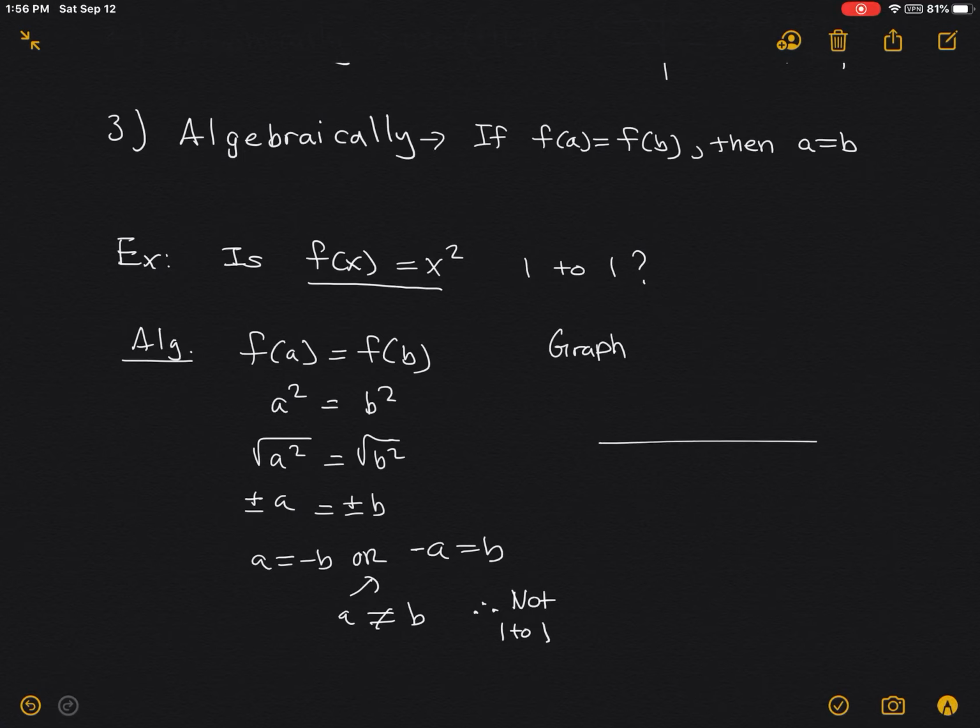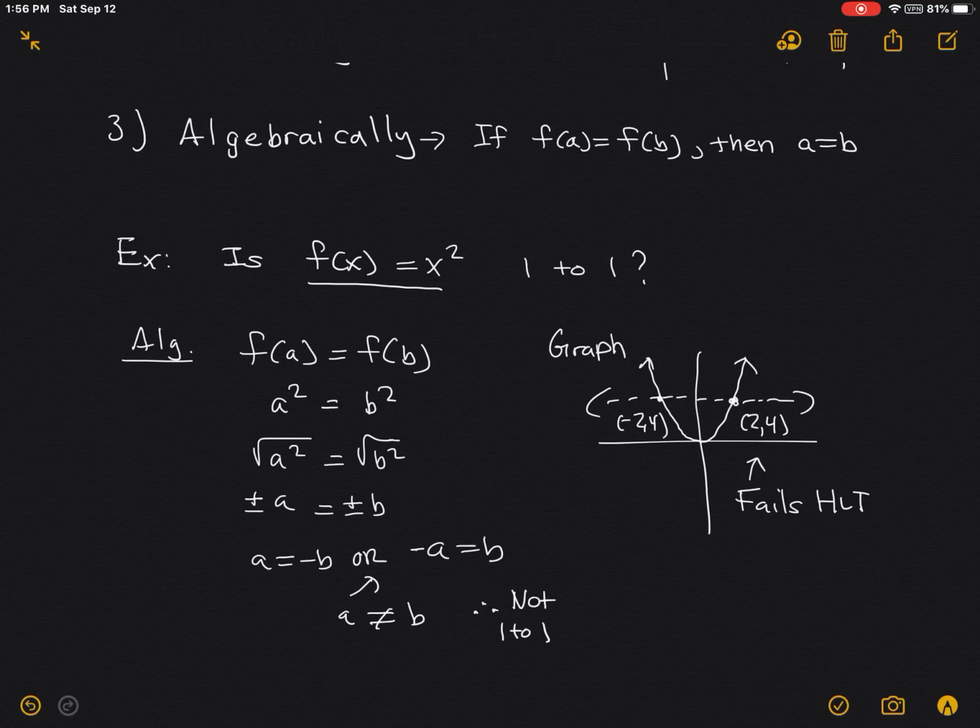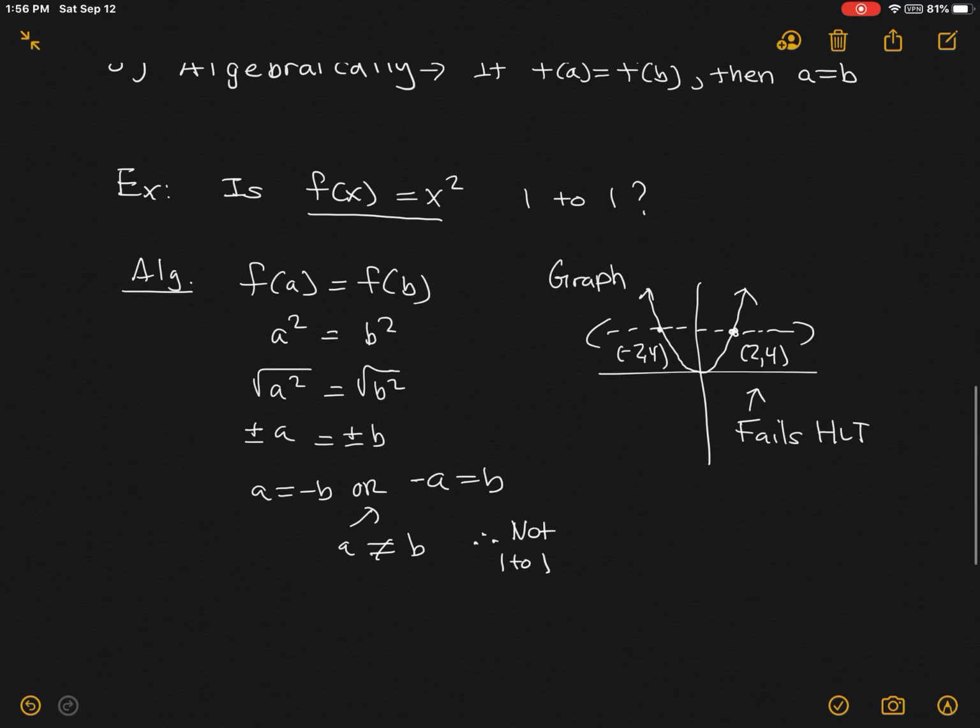And then, of course, graphically, you already know what this graph looks like. f of x is equal to x squared. Clearly, it fails the HLT, right? If I used 2 comma 4 over here, this is negative 2 comma 4. Notice the y value of 4 has more than one input, right?